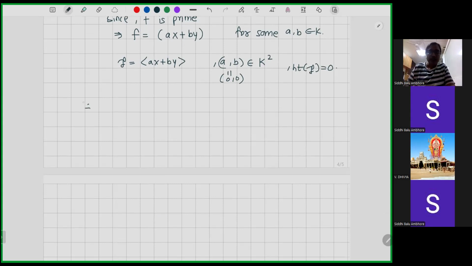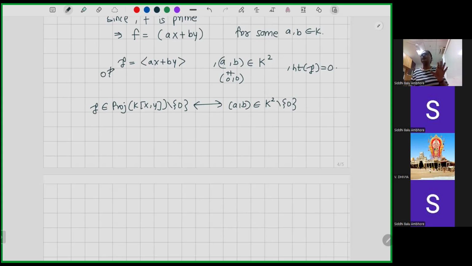Therefore we get this one-to-one correspondence between P in Proj k[x,y] minus 0, and (a, b) in k^2 minus 0. Here P is non-zero, and the element (a, b) in k^2 is non-zero.